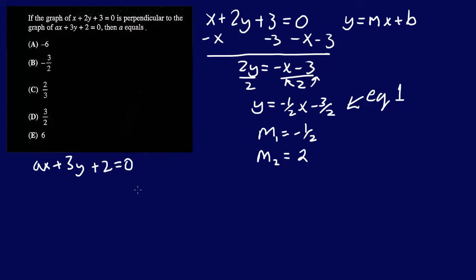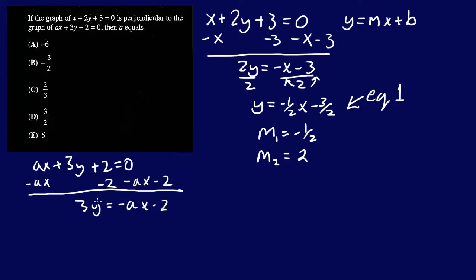And again, let's get this into y equals mx plus b form. We're going to get y by itself by subtracting ax off both sides, and we will also subtract 2 off both sides. Then we're left with 3y equals negative ax minus 2.